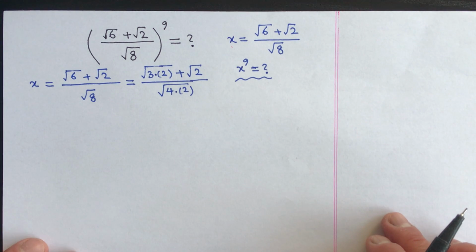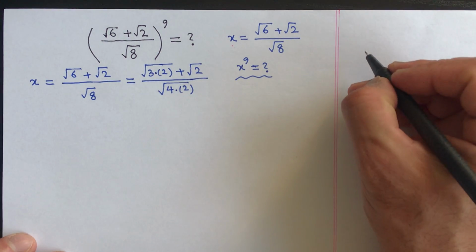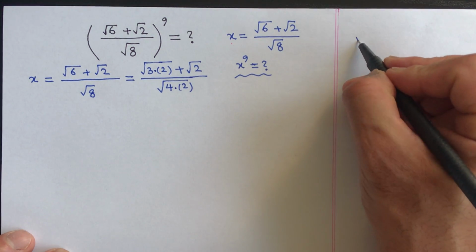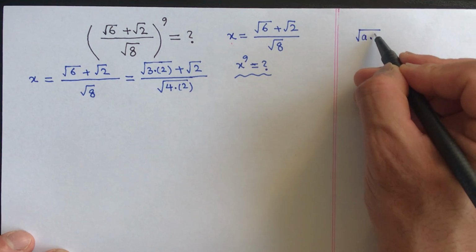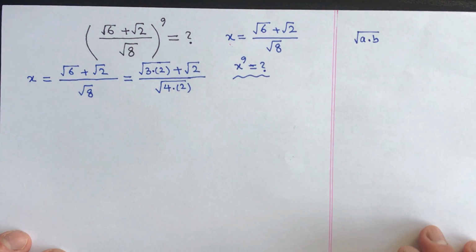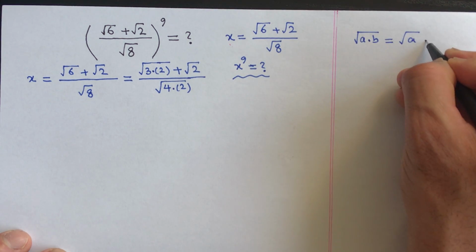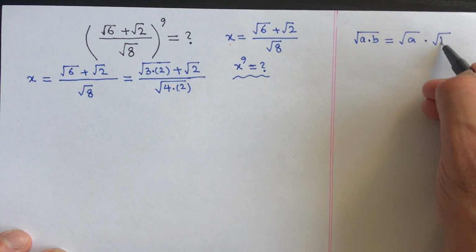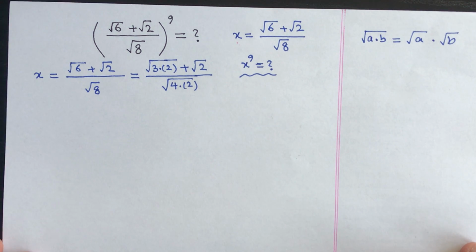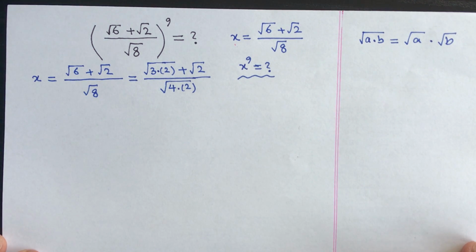And from the basic mathematical equations, when A times B is under a radical, you can write it as square root of A times square root of B. I can use this formula here.